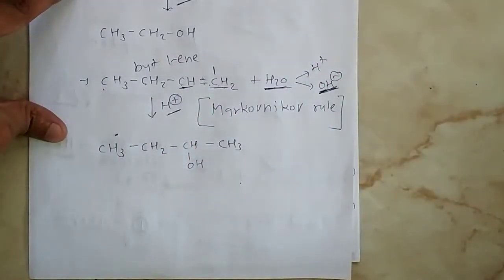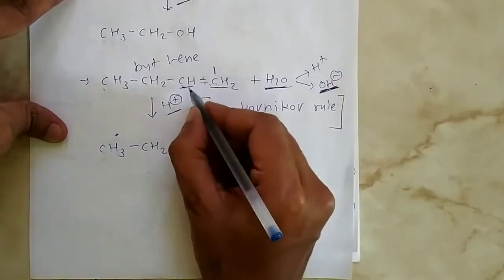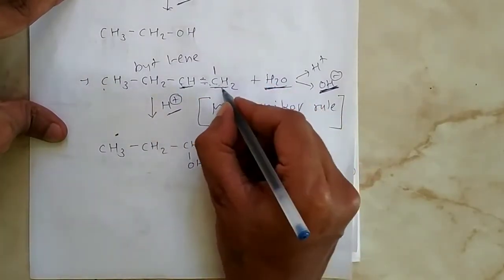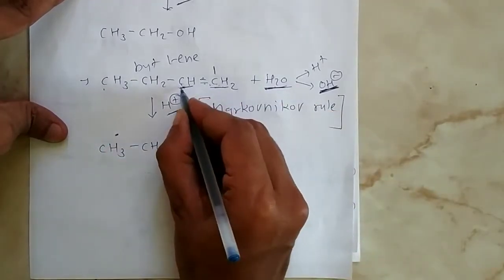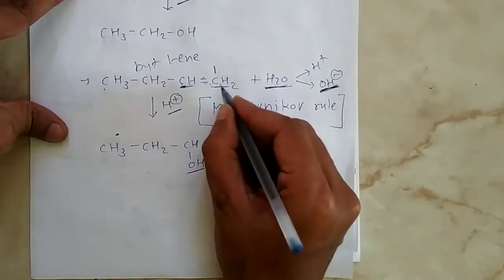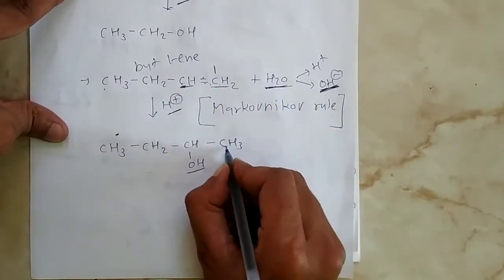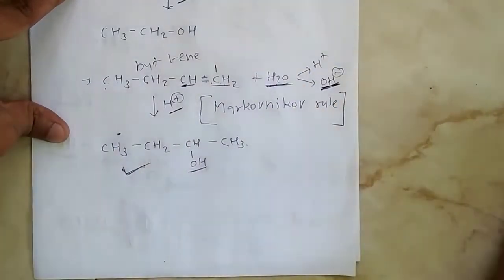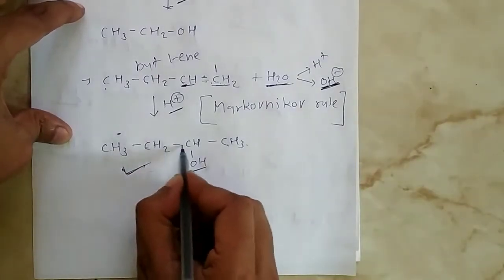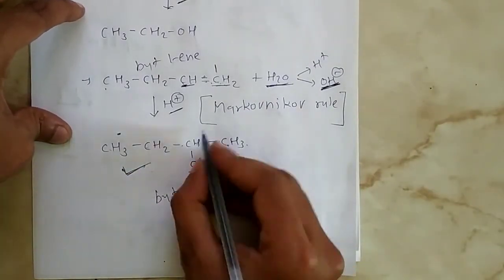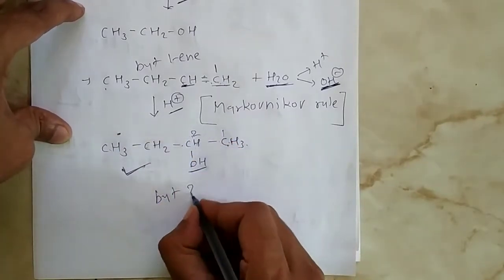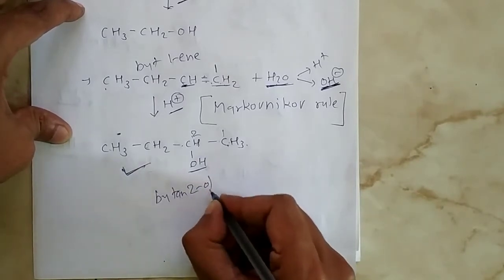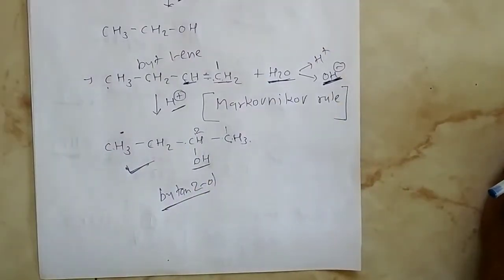The minus ion will go on the carbon that has less number of hydrogen. This carbon has 2 hydrogen, this carbon has 1 hydrogen, so this carbon will get OH minus ion and the first number carbon will get H plus ion. So this will be our product: 1, 2, 3, 4 carbons, with alcohol on the second number carbon, so butan-2-ol is our product.